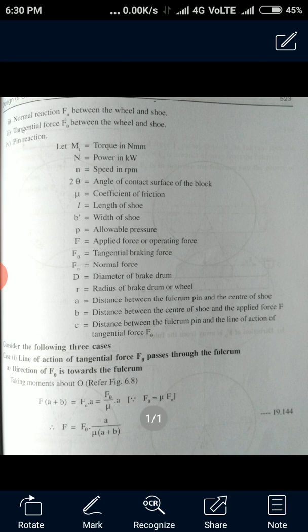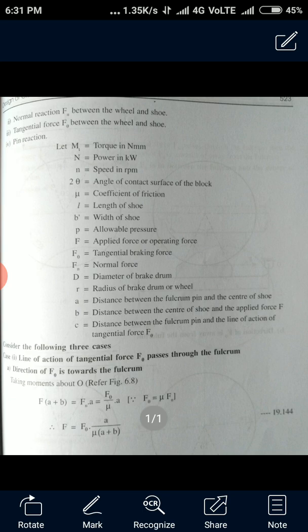And what are the notations we're going to use in the design of the brakes? Mt is the torque in Newton mm. P is the power in kilowatt. N is the speed of the drum in RPM. 2 theta is the angle of contact surface of the block. Mu is the coefficient of friction. L is the length of the shoe.